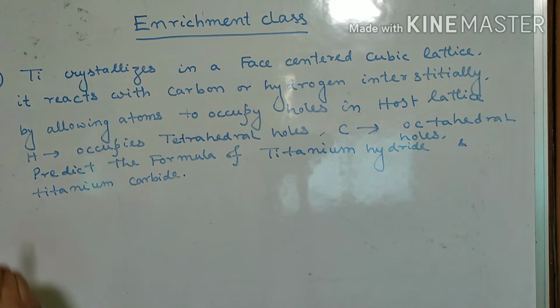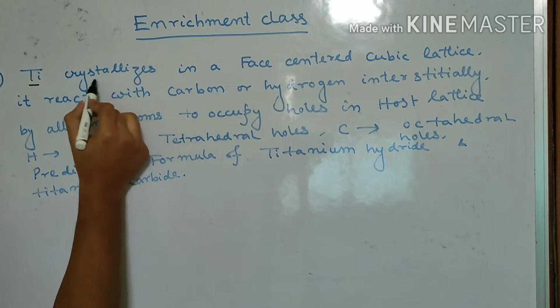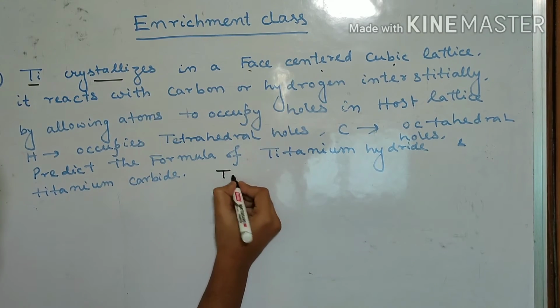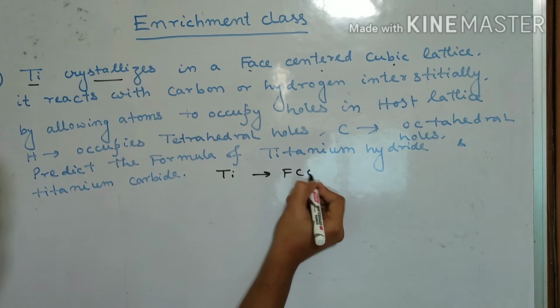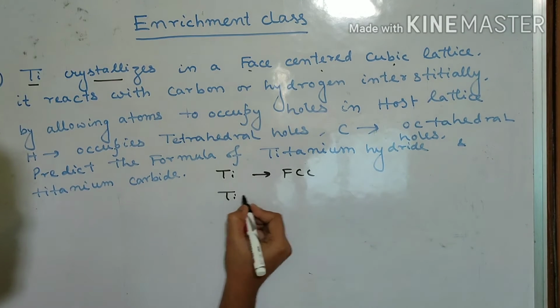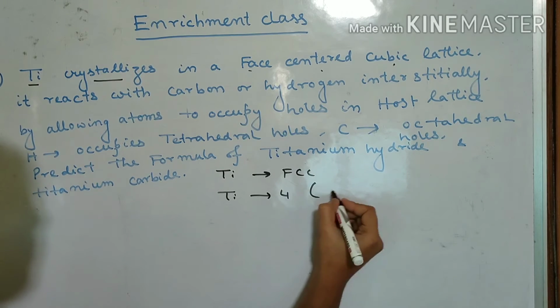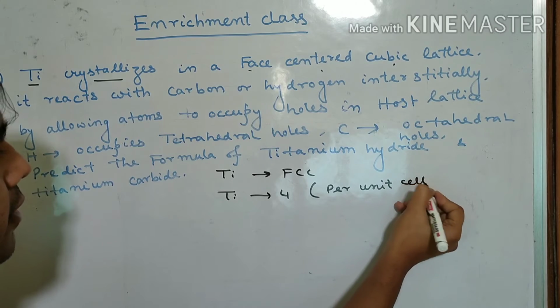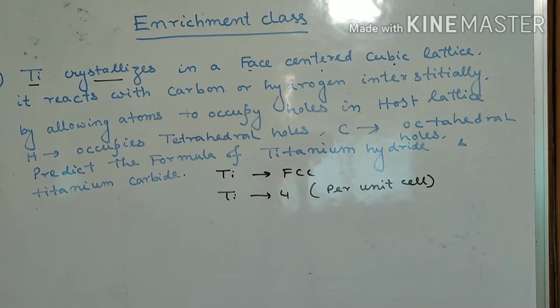If we look into the question carefully, titanium crystallizes in face-centered cubic. That means titanium crystallizes in FCC. So how many titanium should be there per unit cell? Titanium should be 4 per unit cell, right? All of us should agree on that because it is FCC already written in the question.